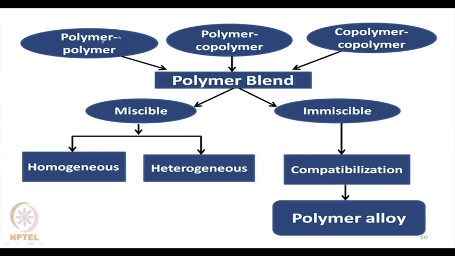Now, in these different types of polymer blends, the component polymers can be either miscible or immiscible. If the component polymers are miscible, then the blend can again be homogeneous or heterogeneous. So, depending on our requirement, we can make homogeneous miscible blends as well as heterogeneous miscible blends.